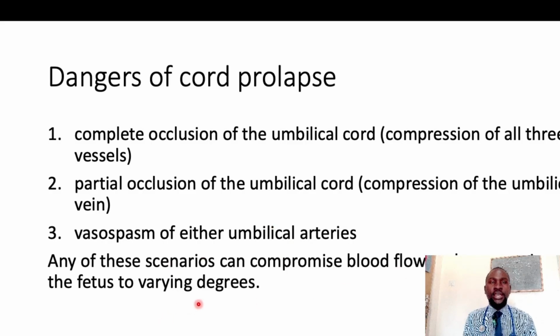The fetus can go into fetal distress and may die. You may end up with a stillbirth. These are the dangers of cord prolapse, and that is why if you don't act very quickly, for as long as you wait, the blood is going to be occluded from the fetus. And remember, for as long as you wait, you are going to be compromising this fetus further and further.